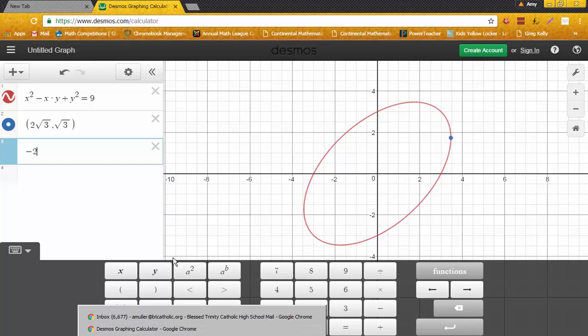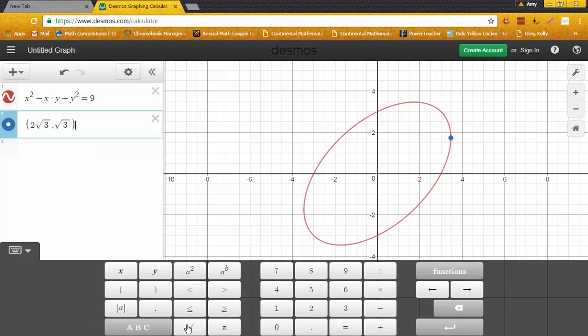Whoops, you need parentheses. Sorry. It's a lot of pressure, isn't it, to type in public? Negative root 3, good.